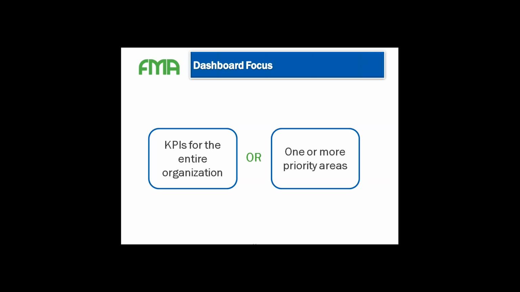And those dashboards typically would be reviewed maybe by the leaders of those departments, maybe by specific committees of the board. And at the board level, it's often a combination of organizational dashboard and maybe some specific priority areas. Again, there is no generally accepted accounting principle for dashboards. These are management tools, and you define them in the way that will be most helpful to you in your management.